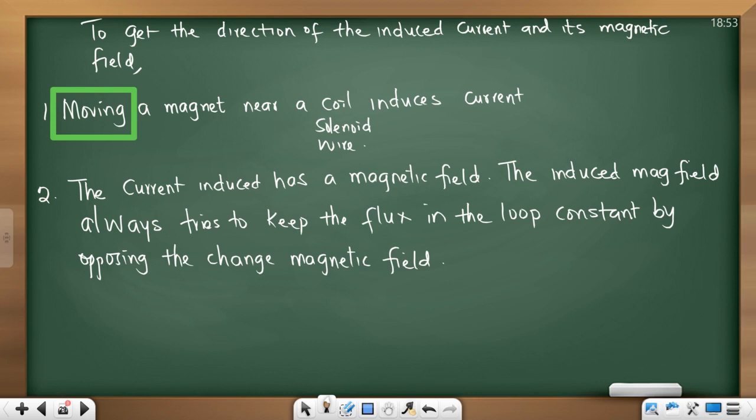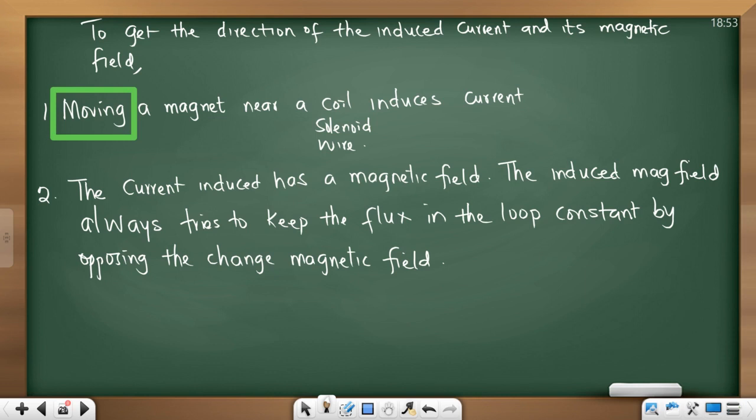I'll give you a note and I'll spend some good time to explain. But these are the two things that we need to consider. The note is just for reference purpose, so that you can go through again.